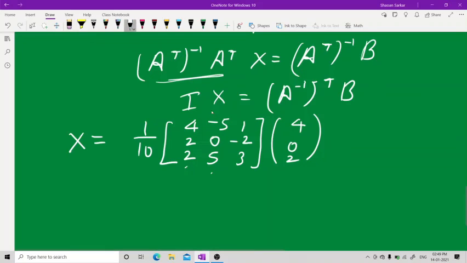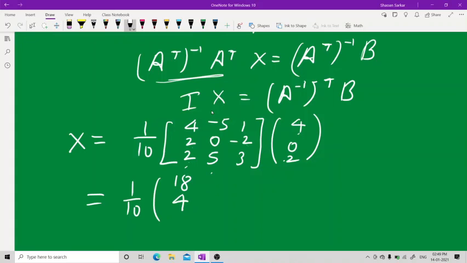Now see, this is going to become 1 by 10. 4 fours are 16 minus 0 plus 2, that is 18. And then 2 fours are 8, 0 into 0 minus 4. 8 minus 4 is 4.